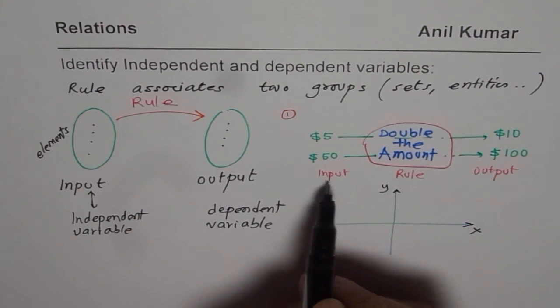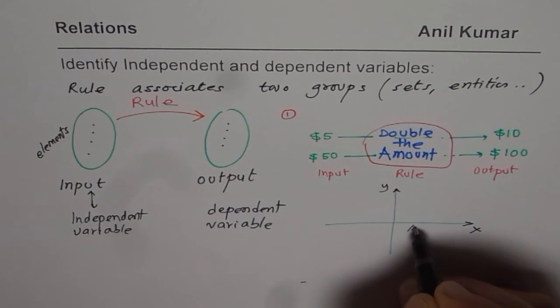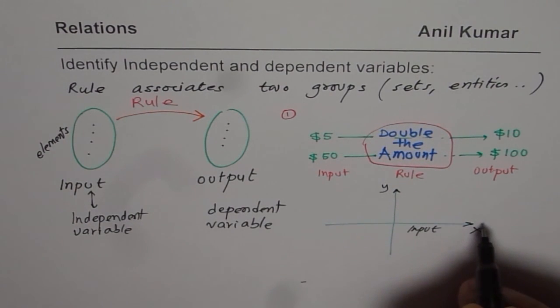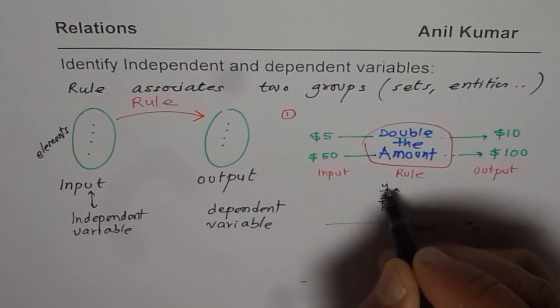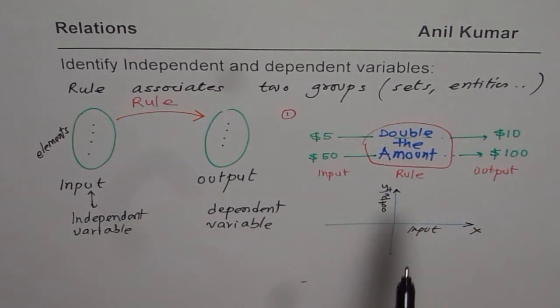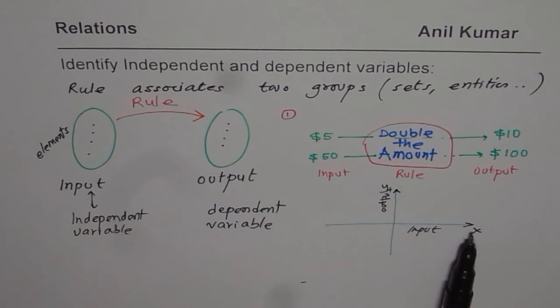So independent variables, the inputs I should say now, are normally placed against the horizontal number line, which is the x-axis, and the output will be along the vertical number line, which represents the y-axis. So whenever you represent a relation in the form of numbers on a coordinate system, remember, a set of coordinate points could represent the relation where input is along the x coordinate and output is represented by the y coordinate, correct? So that is how we could do it.